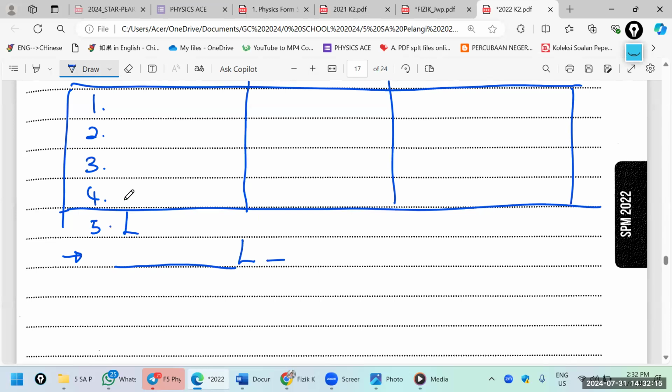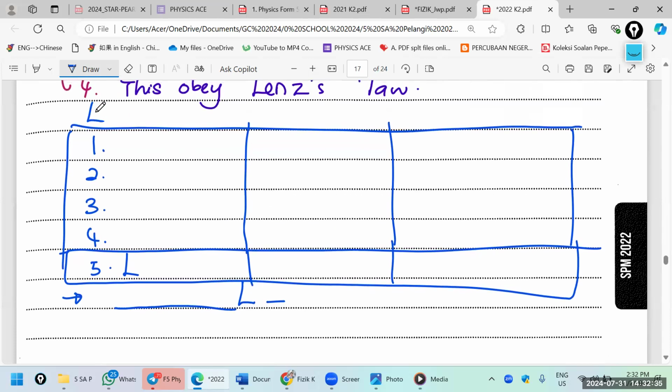I think I marked 3 classes, at least 5 people forgot to make a choice. 5 out of 90. So if you forgot to choose, you lost 1 mark. I also saw someone directly write the choice on top, or someone made 4 columns and wrote L. I also accept that. But for me, I would like to always write 5. 1, 2, 3, 4, 5. Number 5, I put choice, then won't forget. Understand? So lost marks in a careless way.